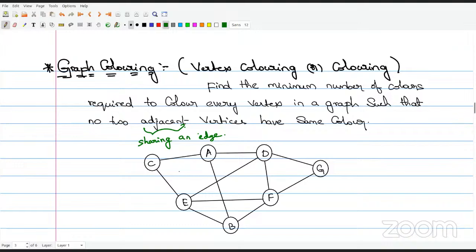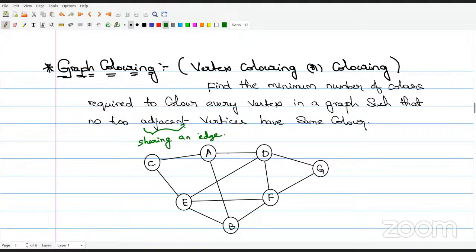Here, if you see, C and A are adjacent vertices because there is a direct edge between C and A. And similarly, this E is adjacent to vertex C, vertex D, and vertex B. So this is what adjacent means: sharing an edge.